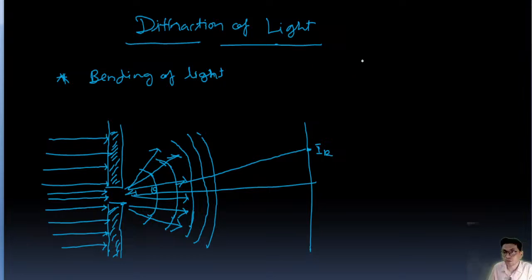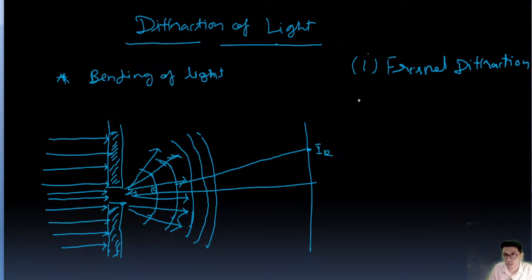Number one is Fresnel diffraction. Fresnel diffraction means when the screen is at a finite distance.